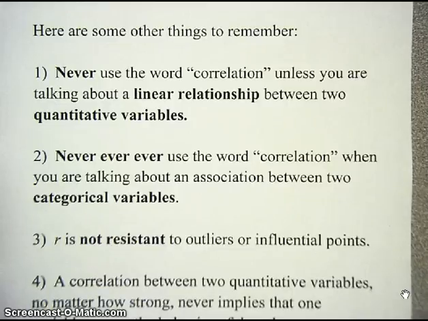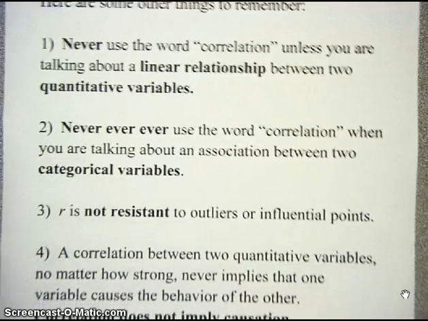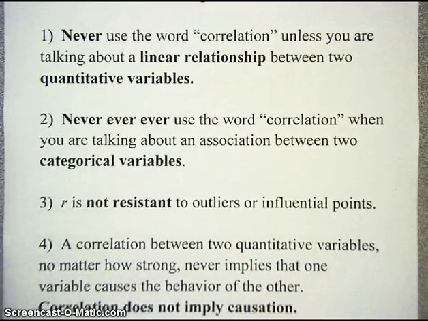Correlation does not apply to categorical variables, only to quantitative variables, only to linear associations between quantitative variables. So whenever you're talking about categorical variables, if you use the word correlation in the same vicinity, you're making a big mistake, and on your AP exam, you'll probably lose points automatically just for saying that. Something definitely to avoid.